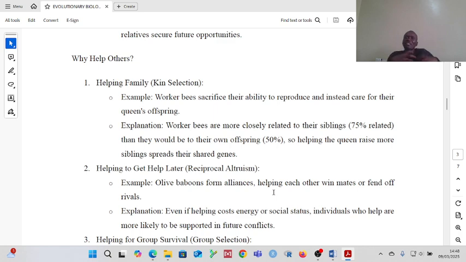They sacrifice their own ability to reproduce, but instead they offer care to offspring for their queen within that particular structure of the bees. Okay, so the worker bees will be more closely related to their own siblings.